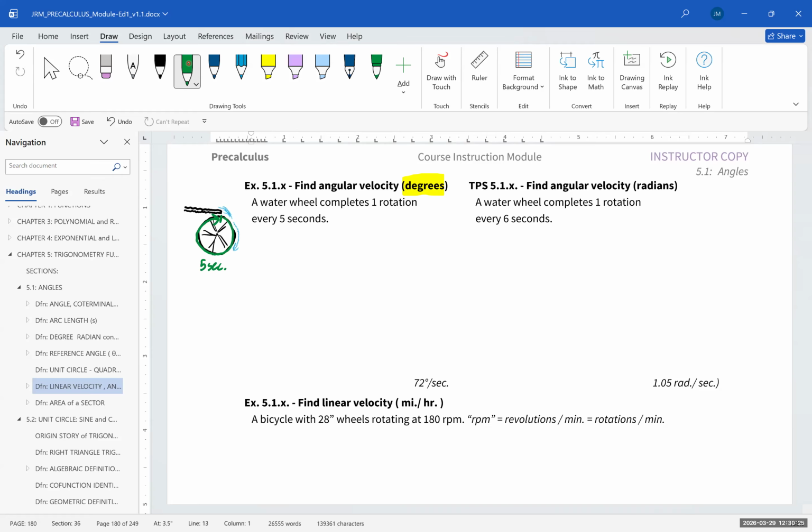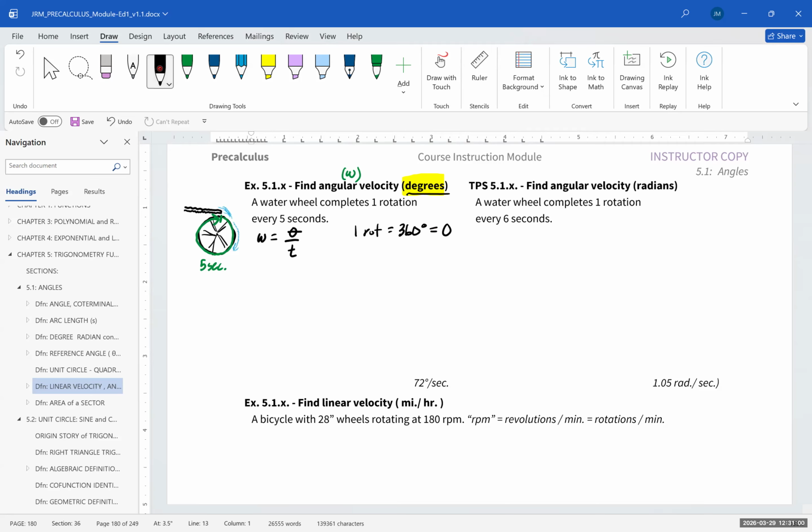So what is the angular velocity? Okay, well, angular velocity, we use the letter W for that. And the equation that we have is angular velocity is equal to the degree measure rotated divided by unit of time. Now we want this in degrees, so one full rotation is equal to 360 degrees.